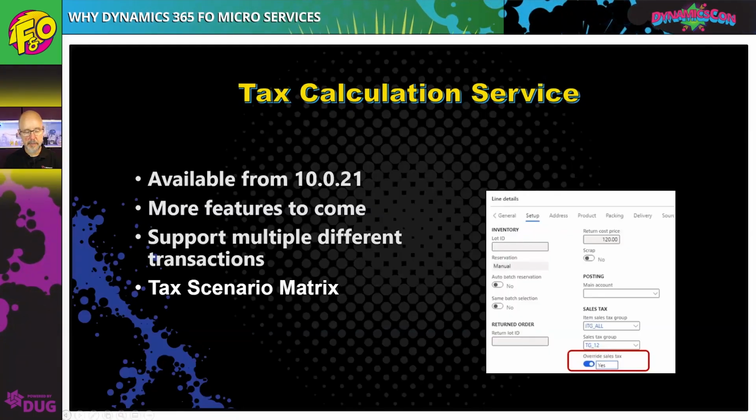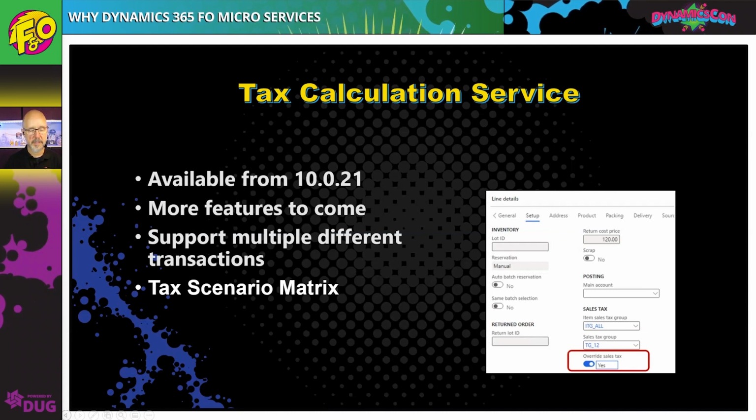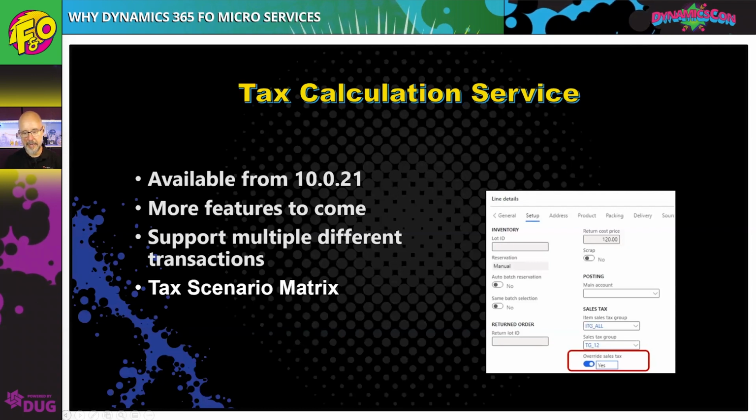It supports multiple different transactions, so you can have sales orders, purchase orders, and different inventory transactions as well to calculate the tax on. It does require an extra component, which is the regulatory configuration service, the RCS, and that's something that you should be using anyway, because it's the replacement for the electronic reporting components that you earlier had in LCS.